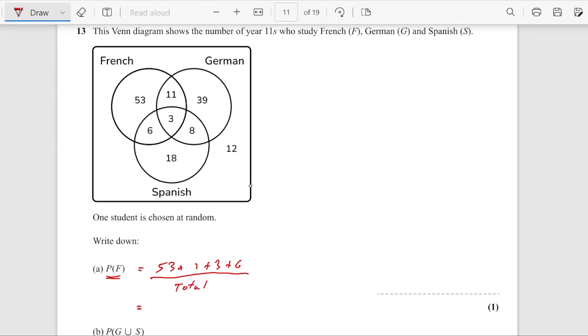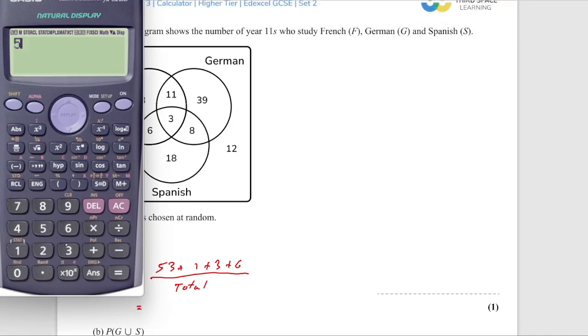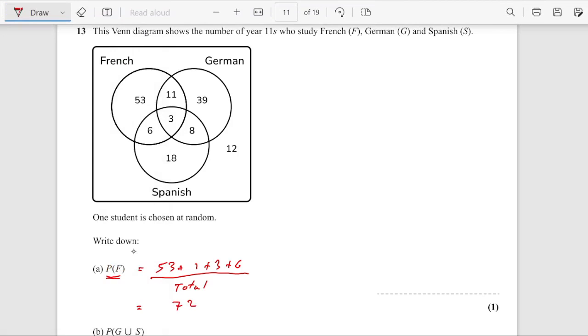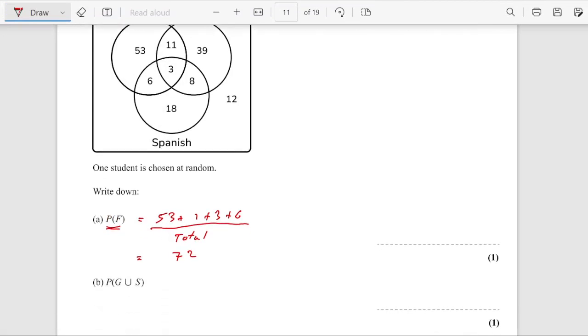So 53 plus 9 plus 11, should have been pluses. So far that's 72. And I need to divide that by the total number of students, which is why I worked it out there rather than just write total.